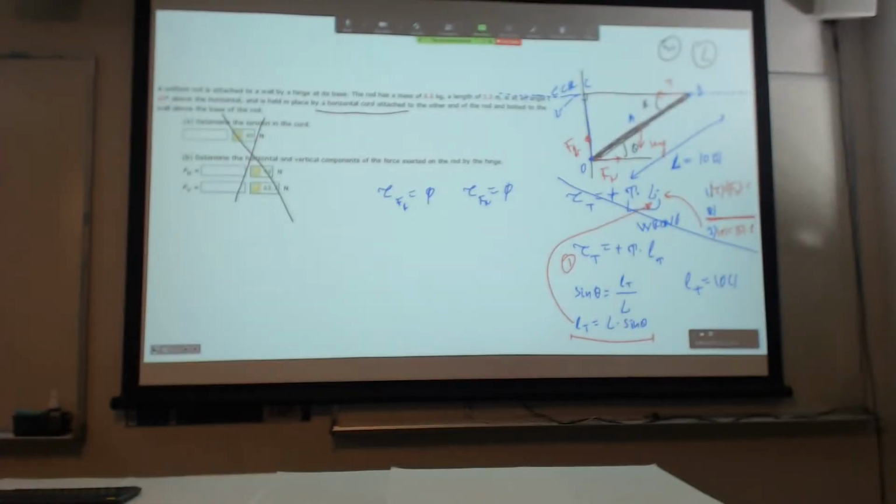Done. So how about the torque due to force of gravity acting on this rod? Is it positive or negative? Clockwise, so it would be negative. Absolutely. Clockwise. Now, of course, the magnitude of the force, and now we need the lever arm for force of gravity.